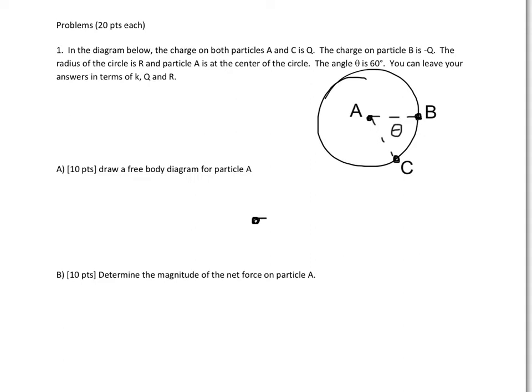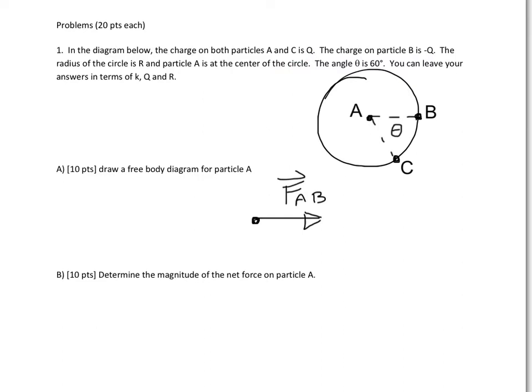So let's draw. And that's a very attractive force, I would say. That's force on A due to B. Now the next one is the force on particle A due to particle C. Particle C is positive, so that is going to be a repulsive force.